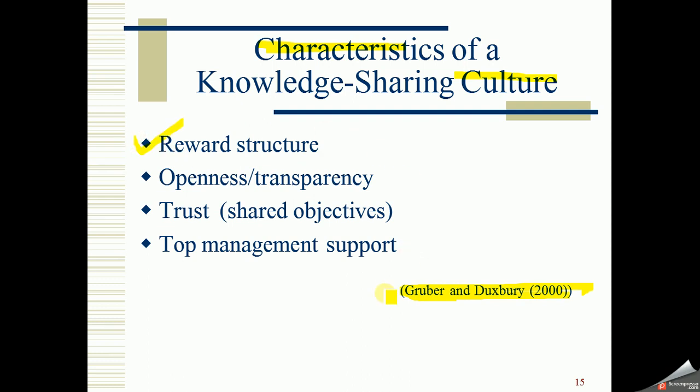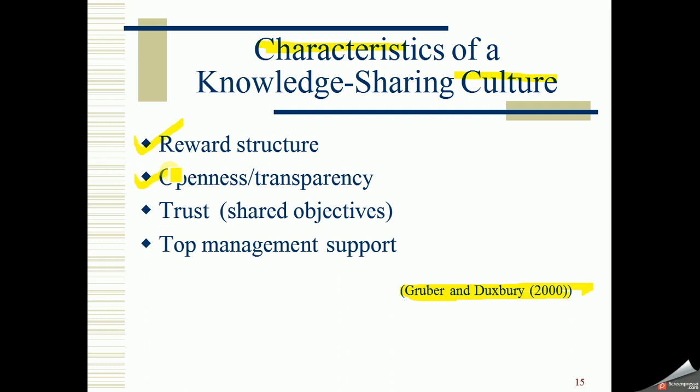As we saw before, if we give rewards to the people who share their knowledge, it will encourage them. And if we have disincentives for the people who hoard the knowledge, it will also encourage them to give up this quality and start sharing their knowledge.